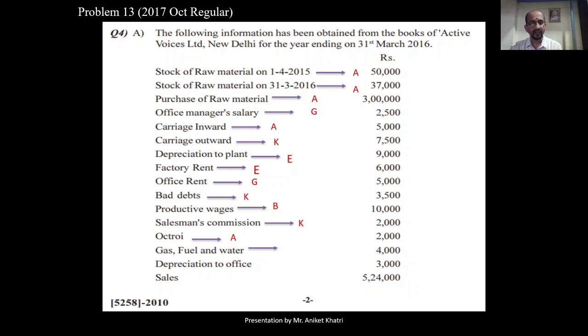Whenever it is not mentioned whether it's a factory or office, you need to consider it's a factory expenditure. Okay, so E. Depreciation to office, it is mentioned that it is an office depreciation, so G. And last, sales, that is N. Okay, now we will try to solve the example.